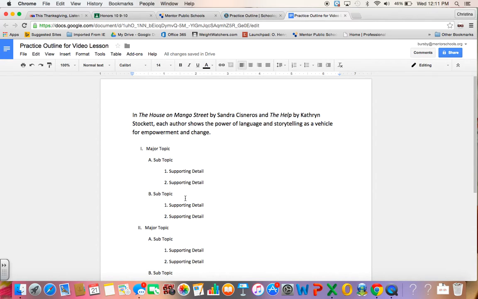They don't have to be even. You can have 2 supporting details in subtopic A, and you could have 4 supporting details in subtopic B. It all depends on what kind of information you have to work with. So that's what you want to look for, okay?